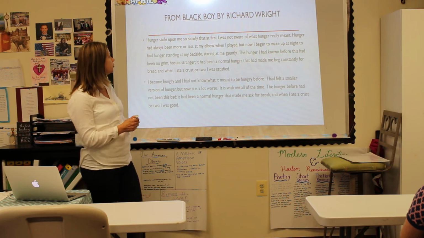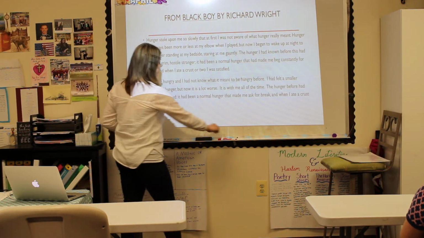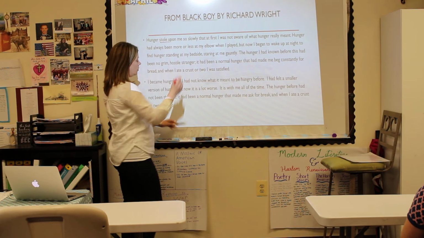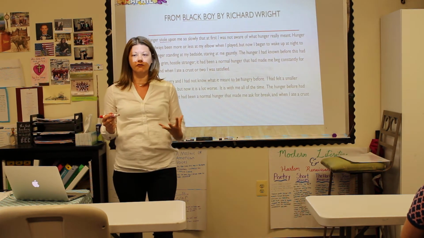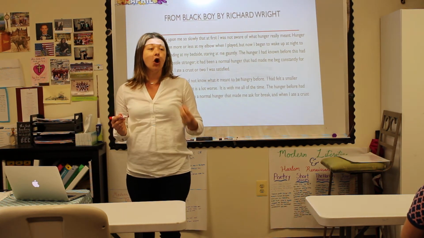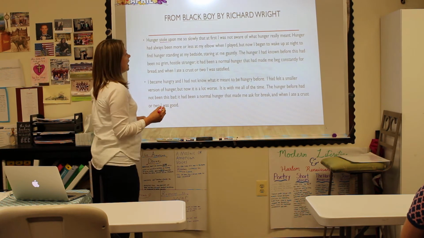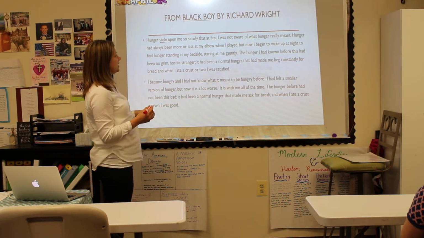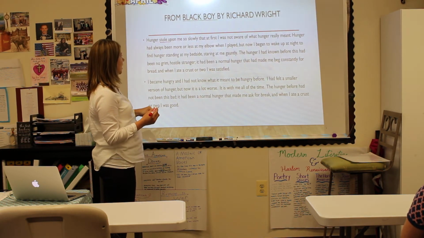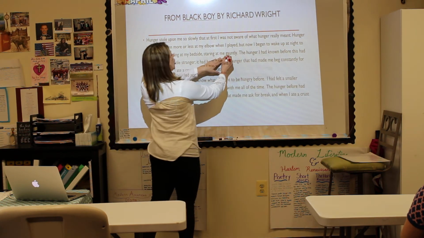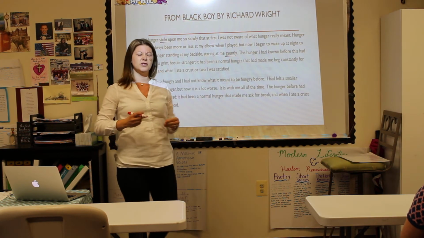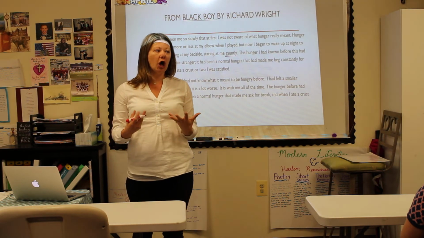Here he says, hunger stole upon me. And when we look at the word stole, we see it as something that is taken from us, something maybe harmful, something upsetting. And we go on and he tells me that it stared at me gauntly, okay? Not that it was thin, but gaunt.